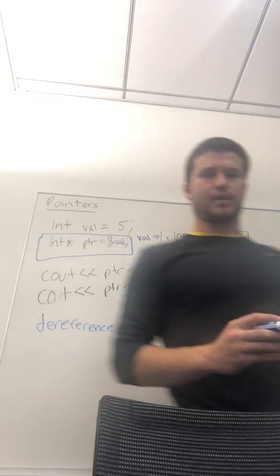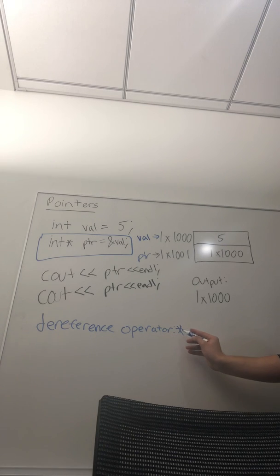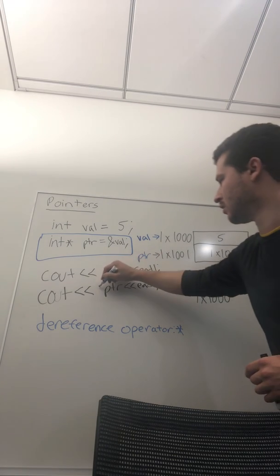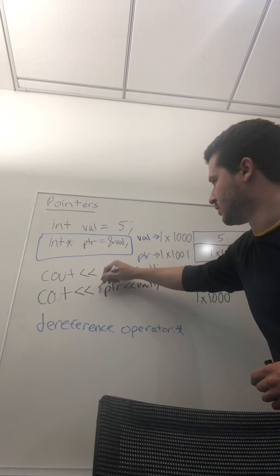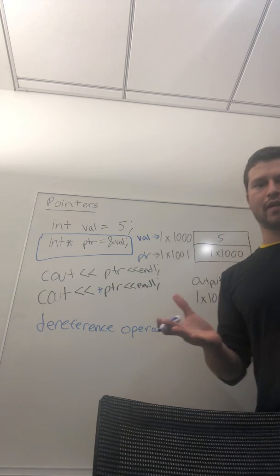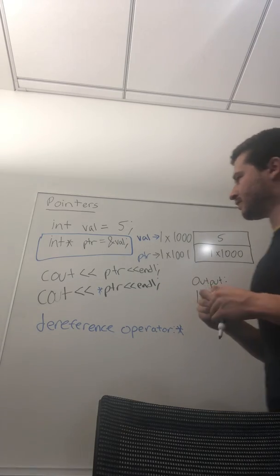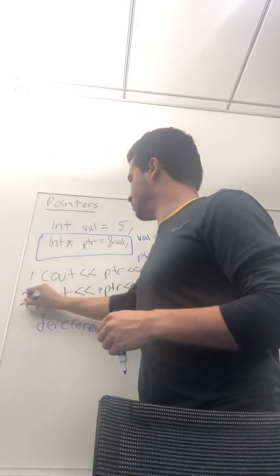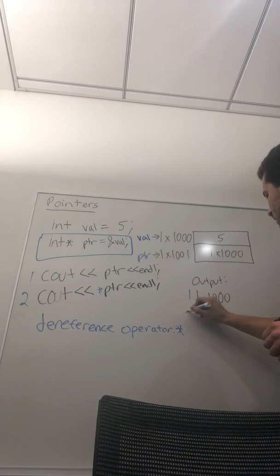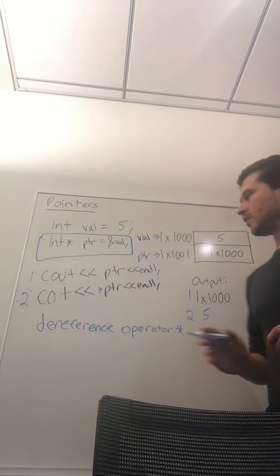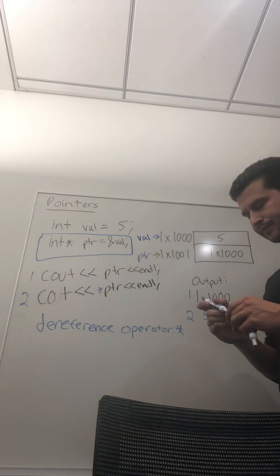A dereference operator is the same as what you declare a pointer with. It's the star. So you've got to be careful when you're using the star because, again, it's both the dereference operator and how you declare. So this second line of output, let's call this 1 and 2. We've got 1 here. 2 is going to output 5 because you dereferenced the pointer and then you outputted it.